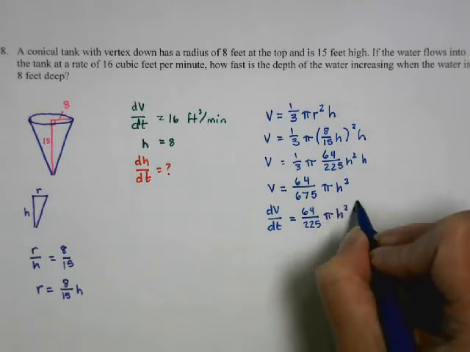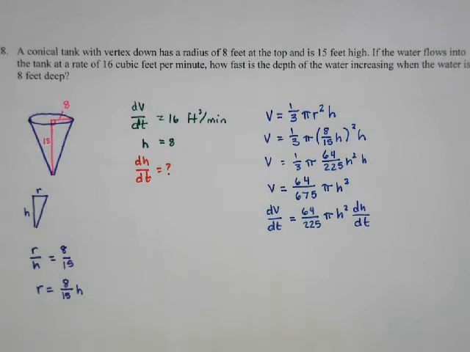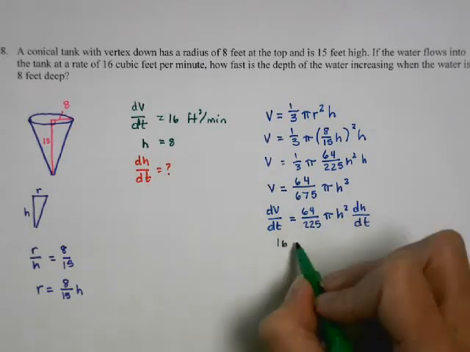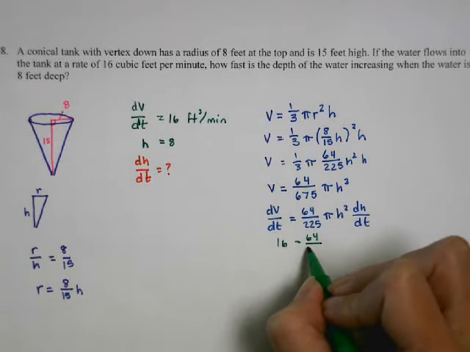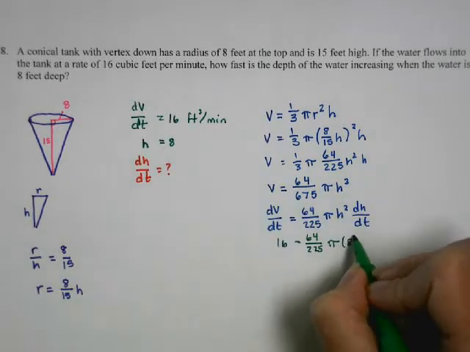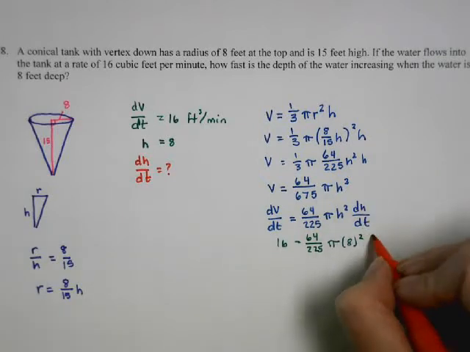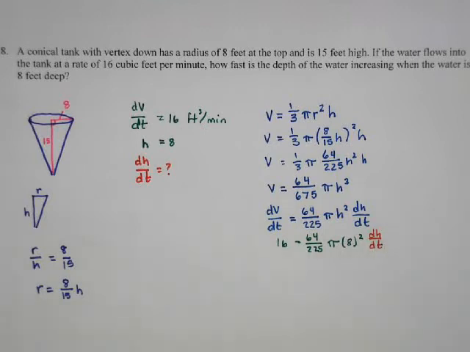So 16 equals 64 over 225 pi. My height was 8. dh/dt is what we are solving for. So we're going to take this and divide it by all of this.